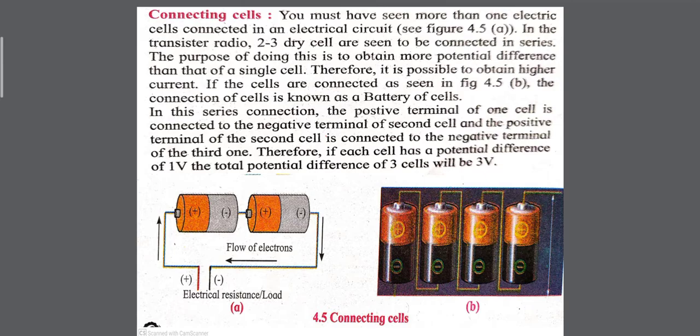Therefore, if each cell has a potential difference of 1 volt, the total potential difference of the three cells will be 3 volt.